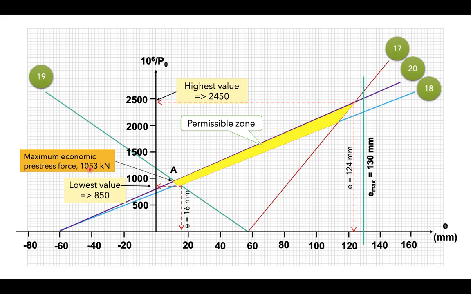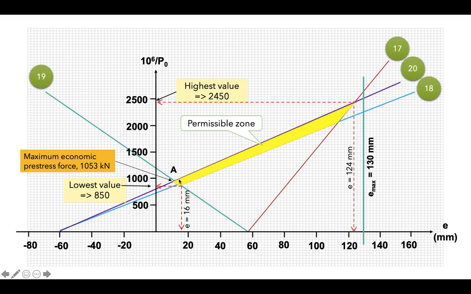Here, as for the construction of the Magnel diagram, this value can actually be determined directly from this graph. How it is determined is by having the intersection between equation 20 and also equation 19.